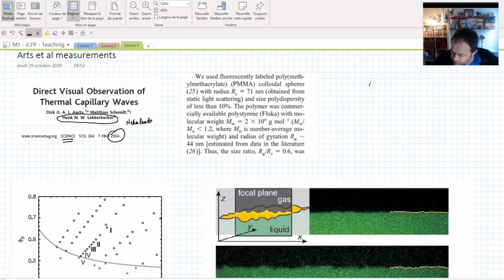Basically they have used small PMMA spheres, described here. These PMMA spheres are put in a fluid with polystyrene. And depending on the concentration of particles and the concentration of polymer, you can have a fast separation.